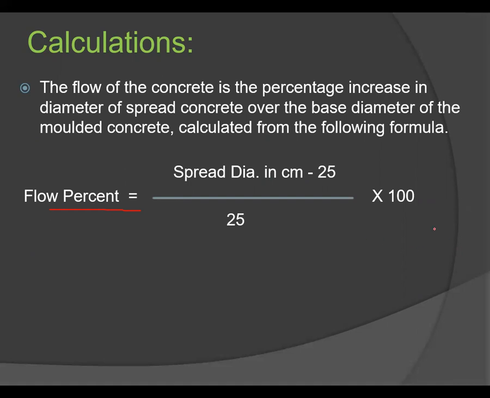From this calculation we get the flow percentage. The value can be 150% maximum, as the flow table diameter is 62.5 centimeter. The spread pattern also gives a good indication of the properties of concrete. So this is our flow table test.